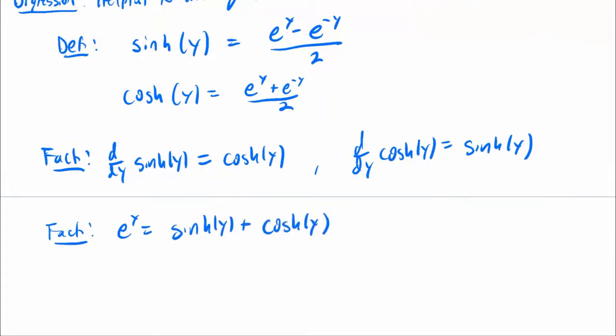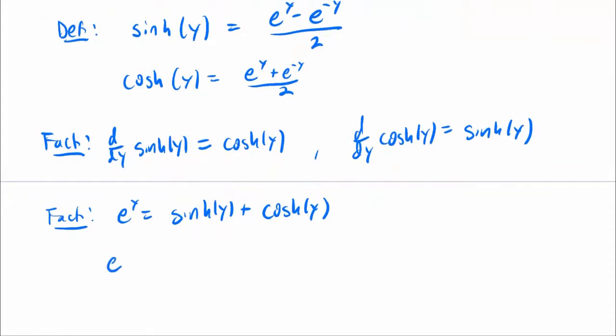Because the e to the minus y terms have different signs, and so those will cancel when you add them. And then you'll have e to the y over 2 plus e to the y over 2, which just gives you e to the y. And similarly, e to the minus y can be given by hyperbolic cosine minus hyperbolic sine.